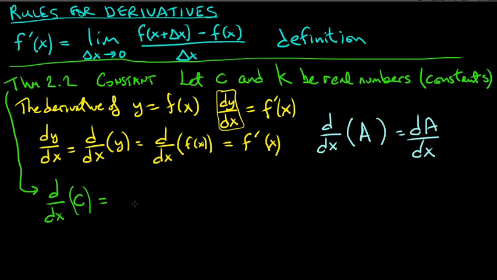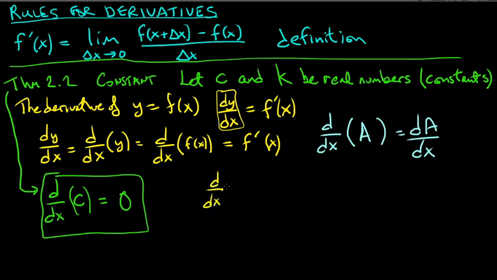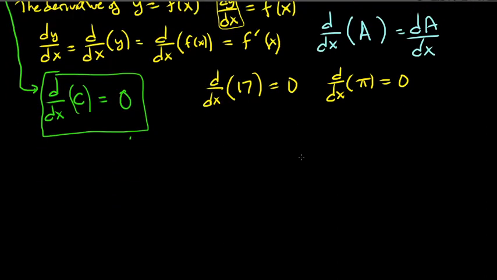Numbers don't change, so the derivative of a constant would be 0. If you want to take the derivative of any number, 17, the derivative of that is 0. The derivative of pi, which is a number, is 0, and so on. So that's if you have a constant.